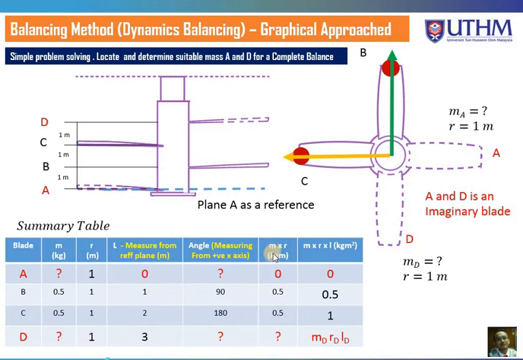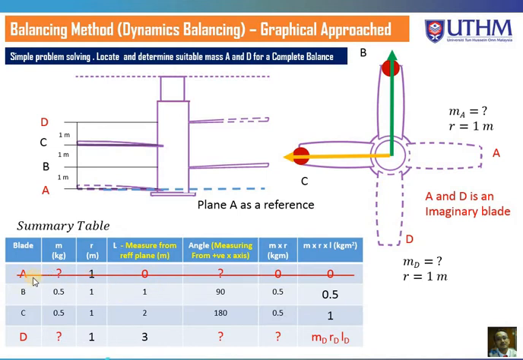So you need to put a column of M times R plus an additional column of MRL. We are leaving omega behind because we will look into this later. This represents the force, and this represents the moment or couple.